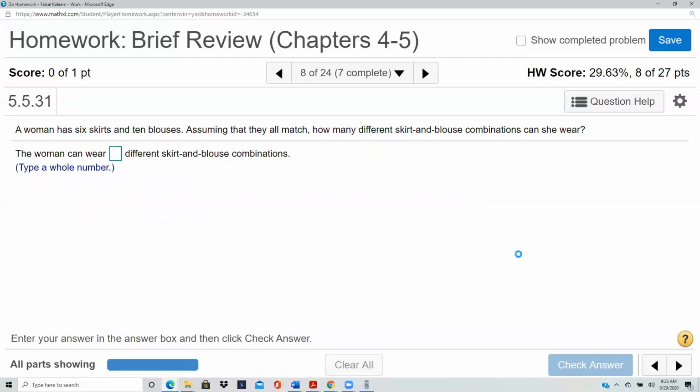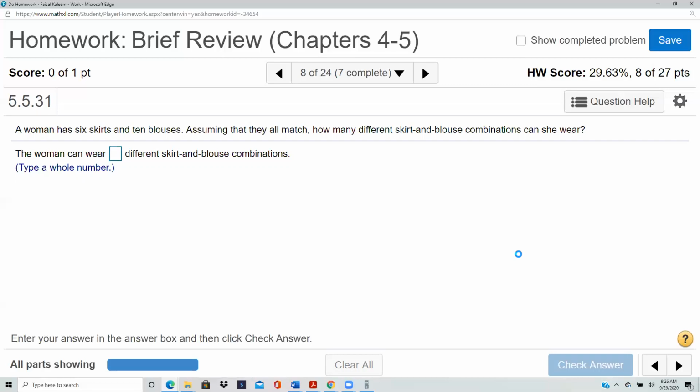A woman has 6 skirts and 10 blouses. Assuming they all match, how many different skirt and blouse combinations can she wear? So she has how many choices for the skirt? 6.